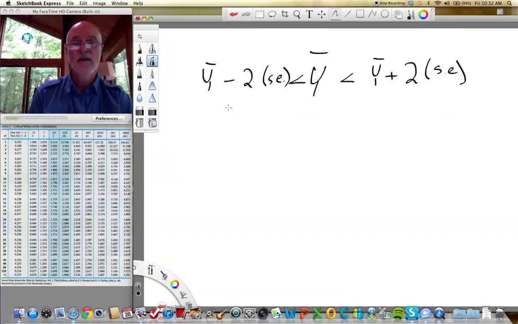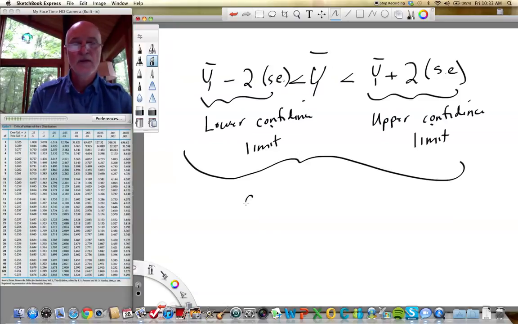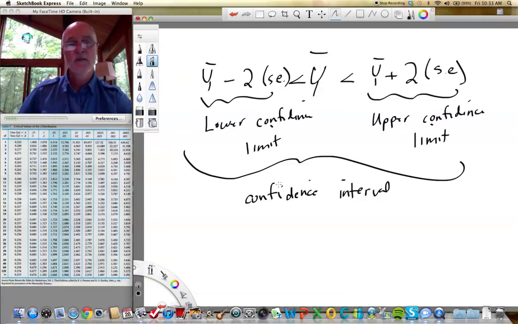And those are the upper and lower confidence limits. So this is the upper confidence limit, and this is the lower confidence limit. And this whole thing describes the confidence interval. So if I ask for a confidence interval, I'm asking for that entire range, okay? And then the upper and lower confidence limits are given by specific values.